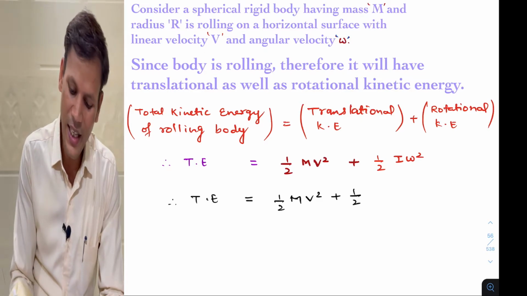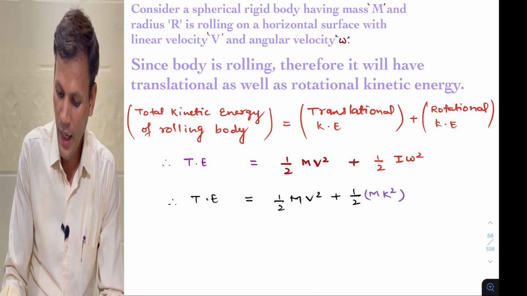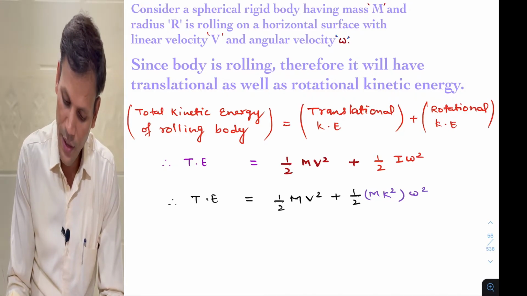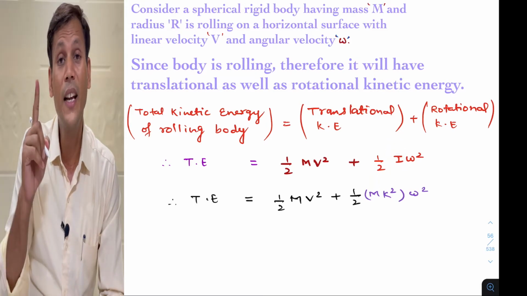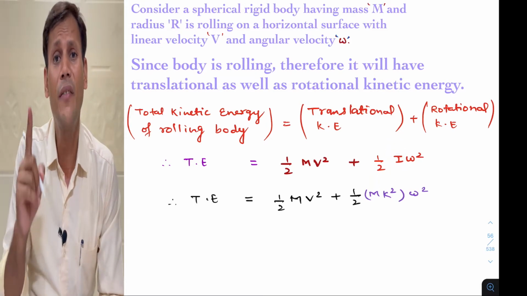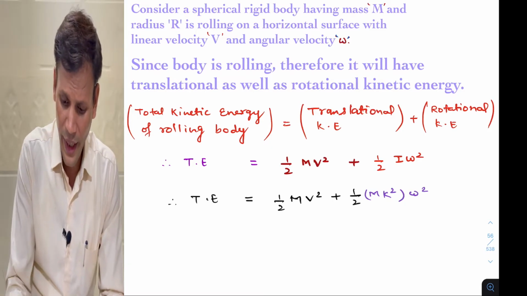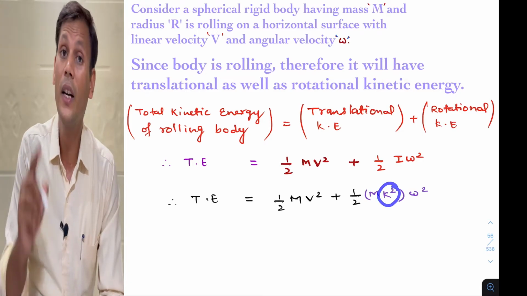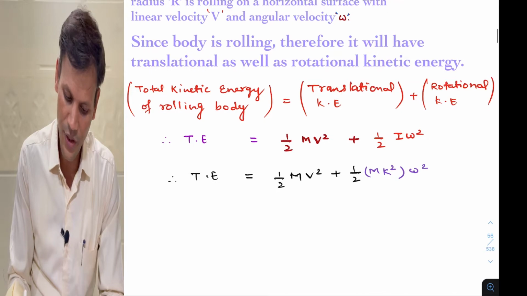Since I is mr square, instead of I we will write mk square, and omega square is here. What is I over here? I is mk square. I am writing the moment of inertia of a sphere in terms of k, the radius of gyration.